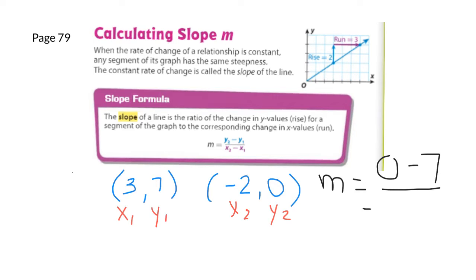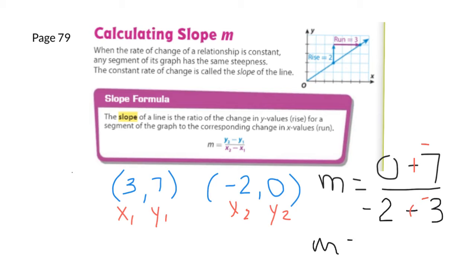So x2 minus x1. So whenever we have 0 take away 7, we can say that's plus negative. And then -2 minus 3, we can say that's plus negative. Remember, we don't use subtraction symbols, but we are allowed to subtract.